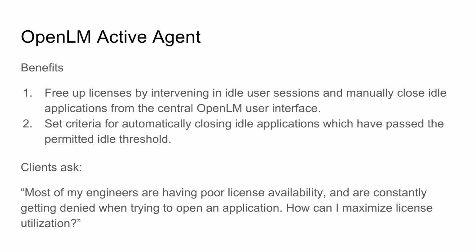Now, if used in conjunction with the OpenLM actual usage extension, then you can set a criteria to automatically close applications when an idle time goes over a certain threshold. So you can say that, well, if a user is using more than 5-6 hours and he has idle time of 5 to 6 hours, then close his application.